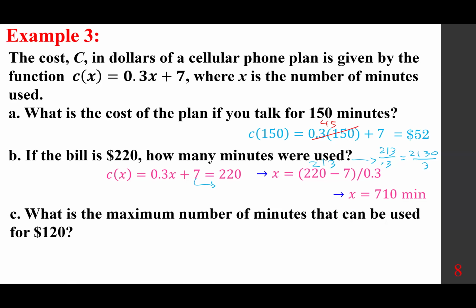What is the maximum number of minutes that can be used for $120? So C of X is given as $120 and X is missing. So again, we're going to subtract 7 and again divide by 0.3.